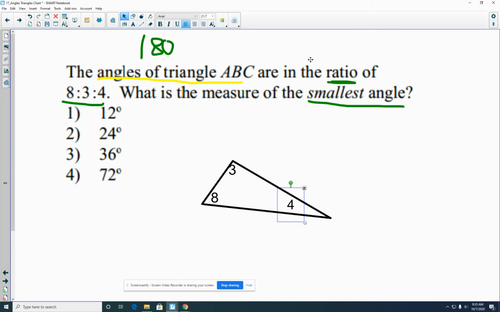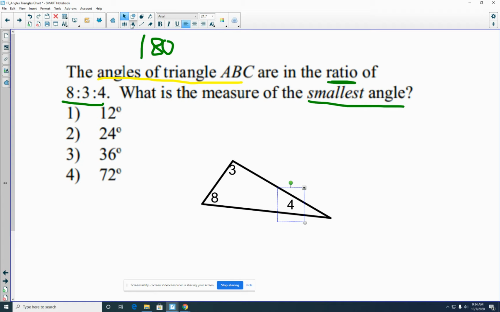Now, they use this word, it's in a ratio. When you compare things in a ratio, it's really the simplest form of comparison. So for instance, another set of numbers that could be put into a ratio of 8 to 3 to 4 could be 16, 6, and 8, because when I simplify them down, it's 8, 3, and 4.